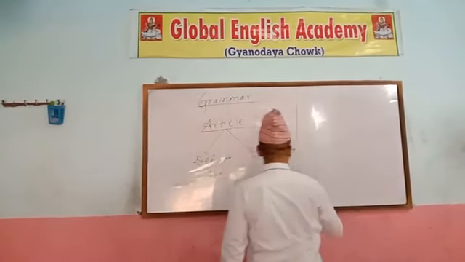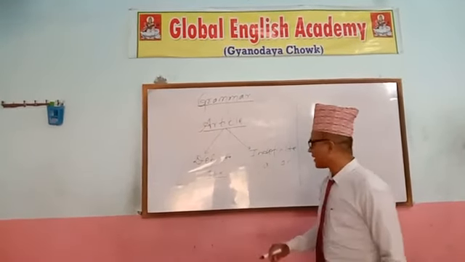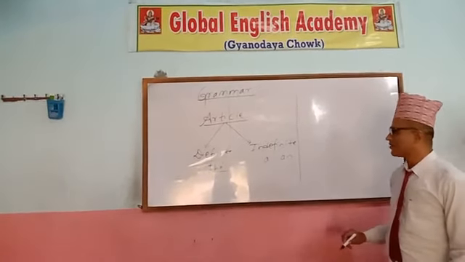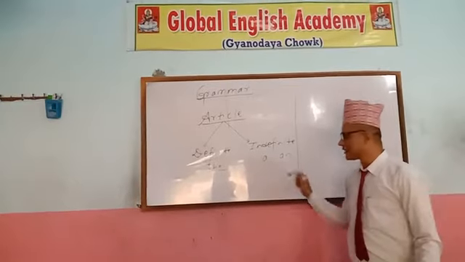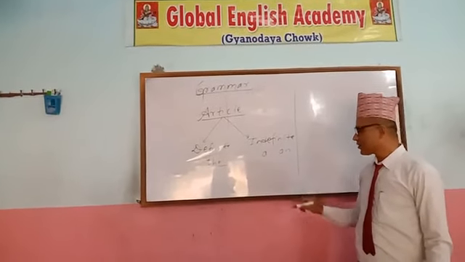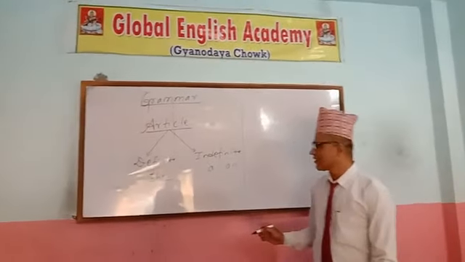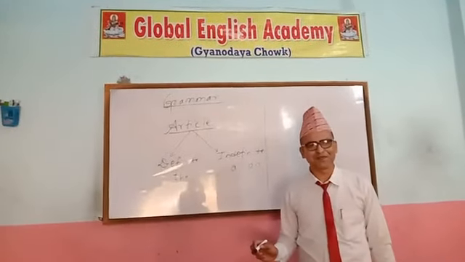First of all, I would like to tell you the use of a. And besides a, an and the, there is another use that is called no article or omission of article.